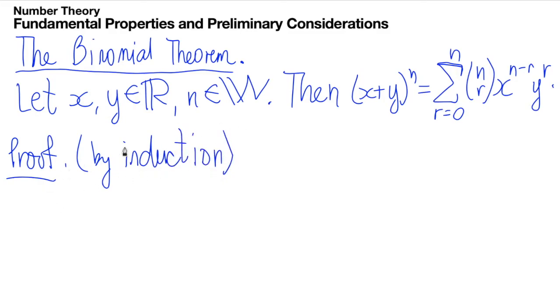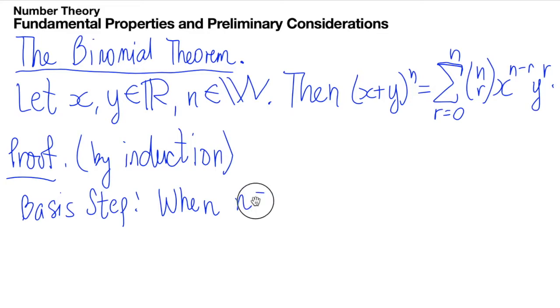Okay, so let's have our basis step. Let's see if it holds. For our basis step, some call it the basic step, either way, we will let n equal 0. We start with 0 because our n is a whole number, and we know whole numbers start with 0, so non-negative integers.